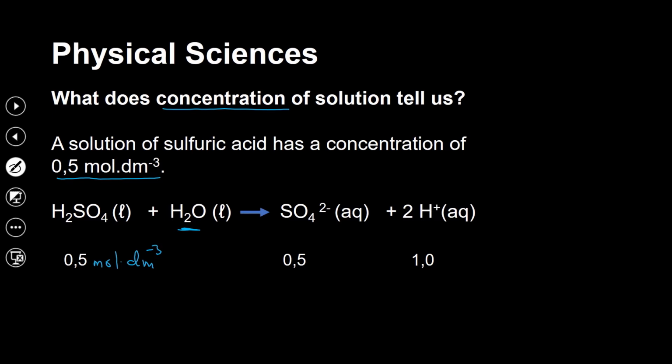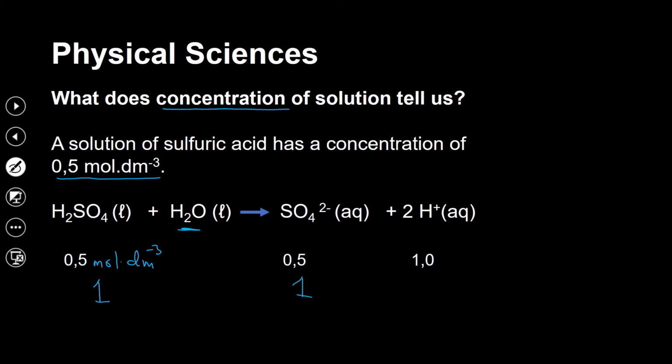So for every mole of sulfuric acid, there is double the number of moles of the hydrogen. And again, for every mole of the sulfuric acid, there is the same number of moles of the sulfate ions. Which is why when this acid ionizes, the concentration of the sulfate ion will be the same as that of the sulfuric acid because of the stoichiometric ratio 1:1, right?